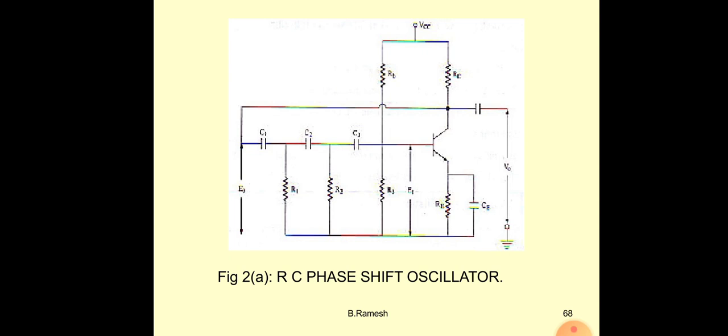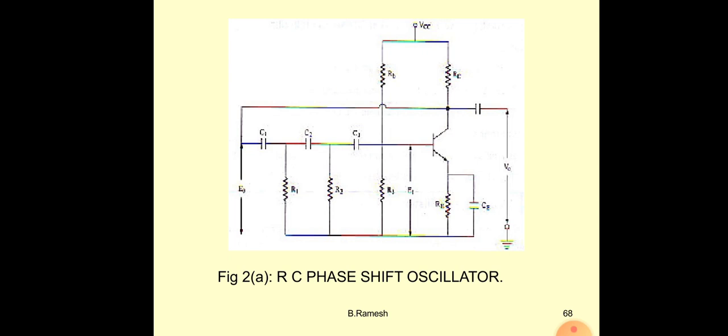Here we are taking feedback from the collector terminal to the first RC section of the network, so the input voltage and feedback voltage are the same. Here E1 is the input voltage, and E0 is the output voltage.